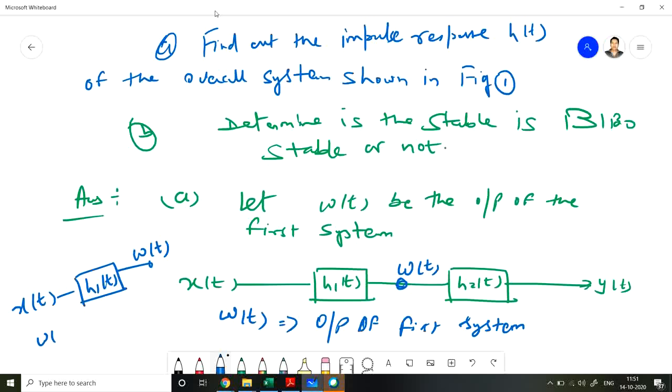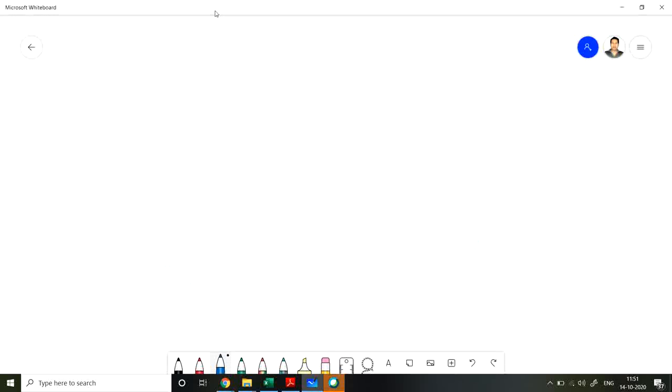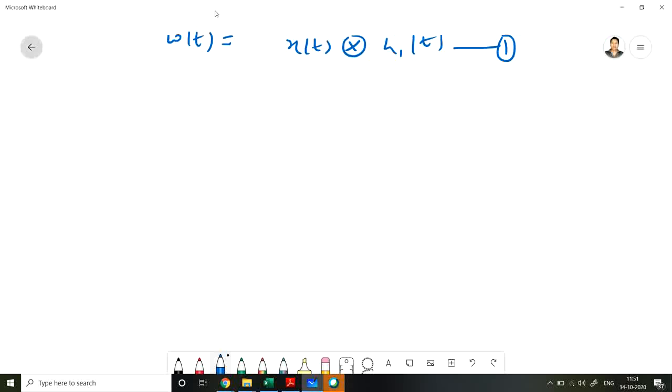So according to the convolution rule, you have w(t) equals x(t) convolved with h(t), or h(t) convolved with x(t), both are the same.